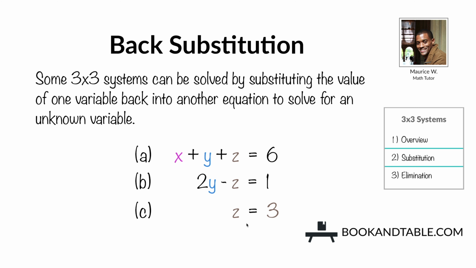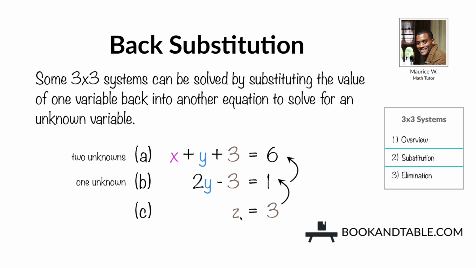So since we know z is equal to 3, then we can substitute 3 in for z into either equation B or A. And when we do so, equation B has one unknown variable y, and equation A has two, x and y. So because equation B only has one unknown, we are going to solve equation B first. This will allow us to solve for y, and we already have z. And then we can substitute both of these variables into equation A to solve for x.